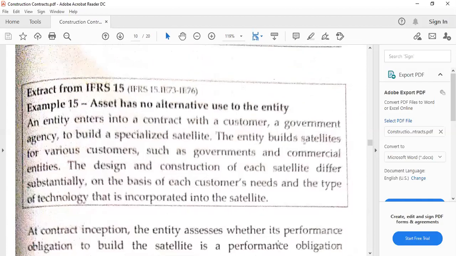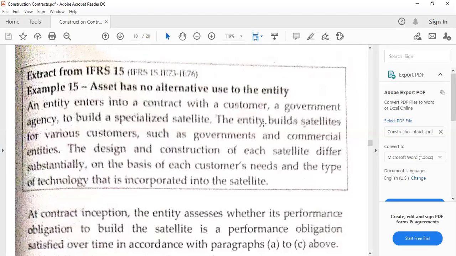All right. So let's have an example here in this case. To continue, this is a case extracted from IFRS 15, and this is example 15. Asset has no alternative use to the entity.